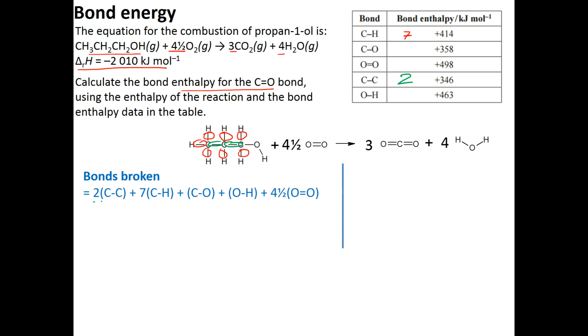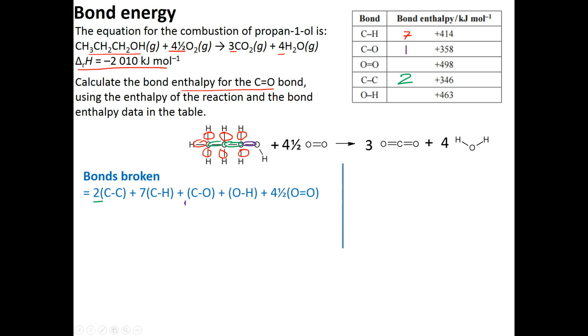So that's where that 2 comes from. And if I change color again and make it purple, I've got a C-O bond being made, and I've got only one of them. So that's my one over here.